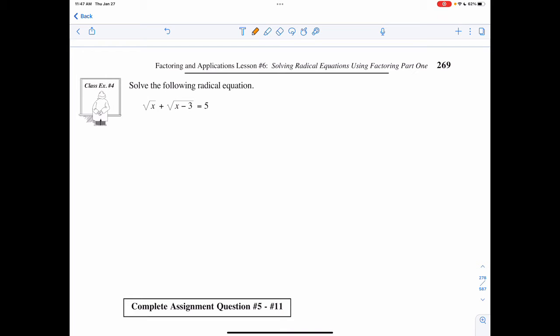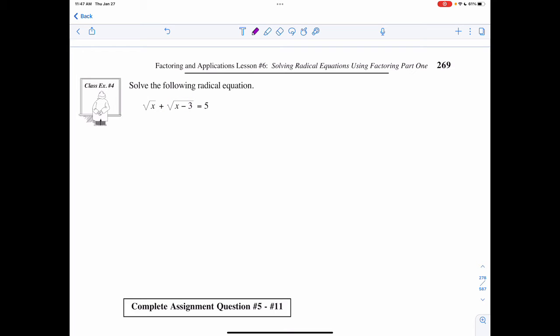Well, what if I have two variables and a constant? This means that when I square both sides, it's going to get rid of one radical but not the other. Let's take a look at how that works. So the first thing is, I typically isolate the more complex radical, which in this case would be this one.